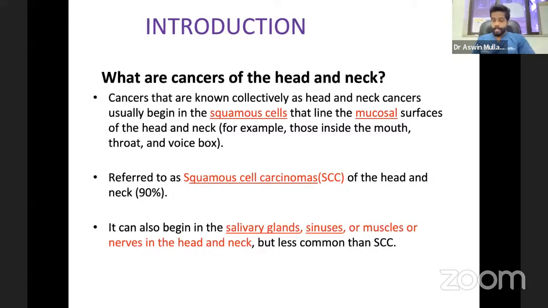More than 90% of these head and neck malignancies are from squamous cells, and the histological pattern varies in that aspect. That's why they are called squamous cell carcinoma. Then a few others, like tumors or cancers arising from salivary glands, sinuses, muscles, nerves, etc., also can happen in head and neck. So they are way less common.